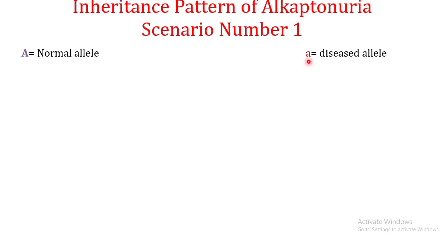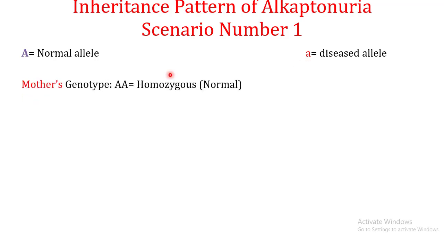On these chromosomes, you have two copies for every gene. One copy of the gene is coming from the mother, another copy from the father. So that can be the same or that can be different. So we are going to represent the normal allele by the capital A, the diseased allele by the small a.